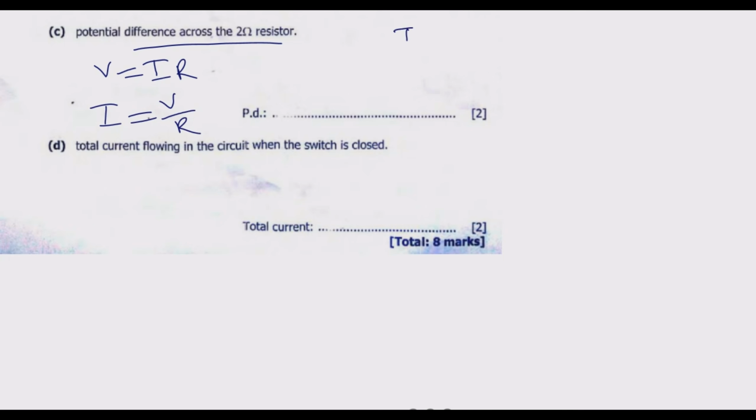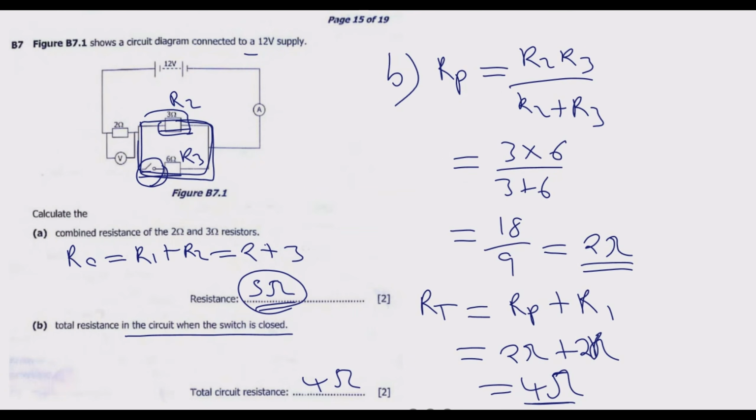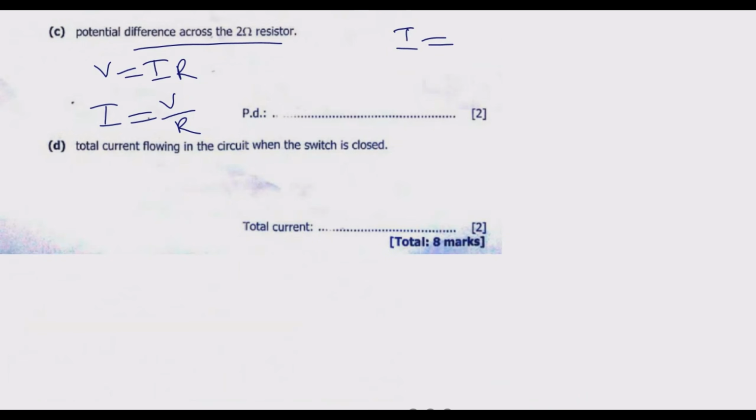So current will equal the volts, which is 12 volts, divided by the combined resistor, which is 5. So it will be 12 divided by 5, which is 2.4, because 5 into 10 is 2, remainder 0. Then we remain with a 2 from 12.